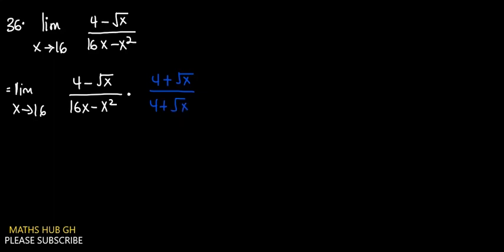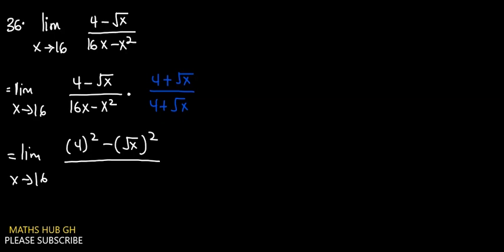So let's look at the transformation again. I'm going to have this equal to the limit as x approaches 16 of 4 squared minus the square root of x squared, divided by 16x minus x squared, multiplying 4 plus the square root of x.